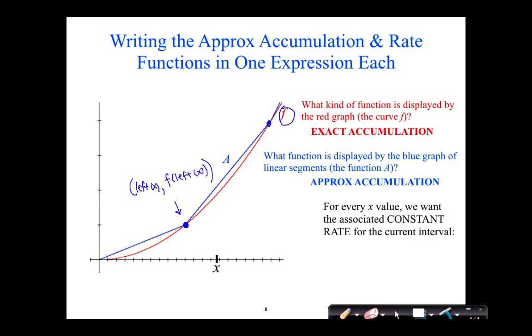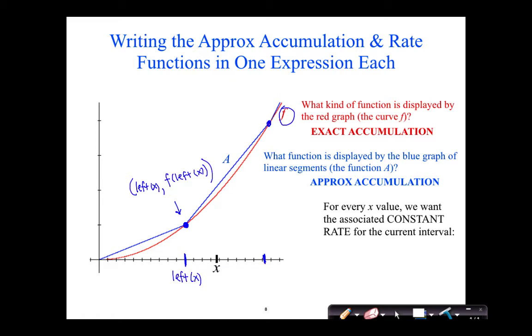So this would be a general point that's at the left end of the interval that x is in. Whatever interval x is in, it starts at left of x and ends at, well, what x value would be the right end of the interval? I don't want to call it right of x. How else could I express that? Using just notation, thinking about what we did last unit.